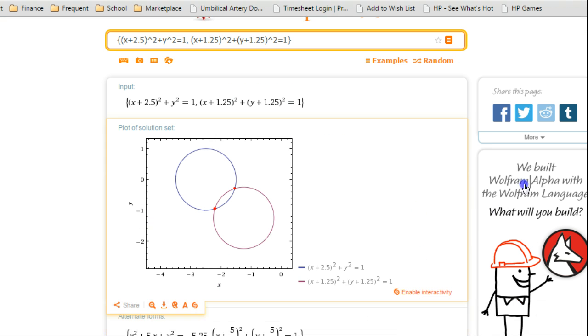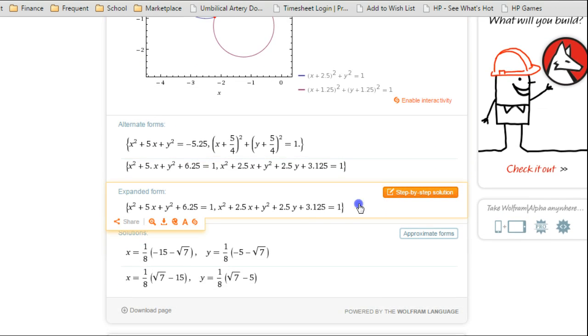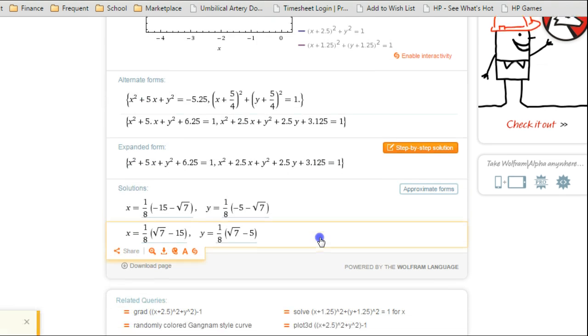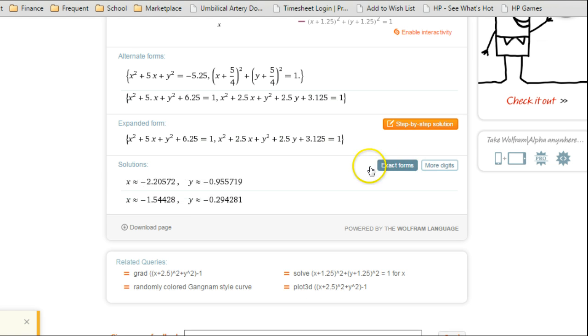Okay, so it's showing us our intersections here of our two circles. It's looking promising because I'm seeing the solutions are irrational. Alright, I'm seeing that square root of 7 happening. Did they give us a decimal approximation somewhere? I clicked on where it said decimal approximations and I got this.